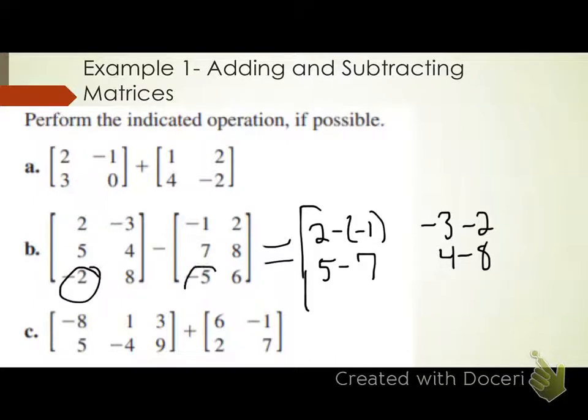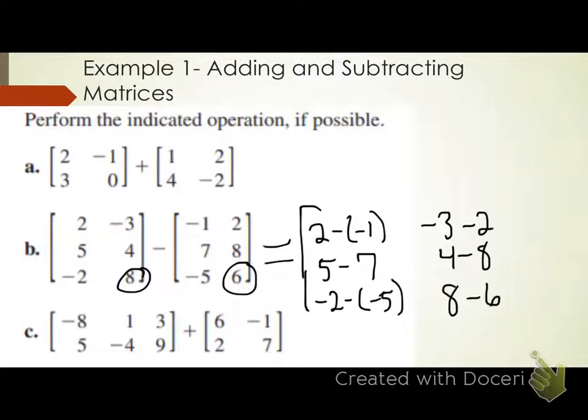Negative 2, negative 5 are corresponding, so negative 2 minus negative 5. And then 8 and 6 are corresponding, so 8 minus 6. So I'm just subtracting. I'm doing the left matrix minus the right matrix.